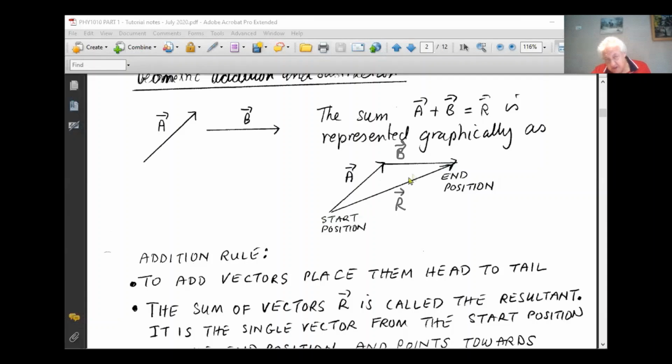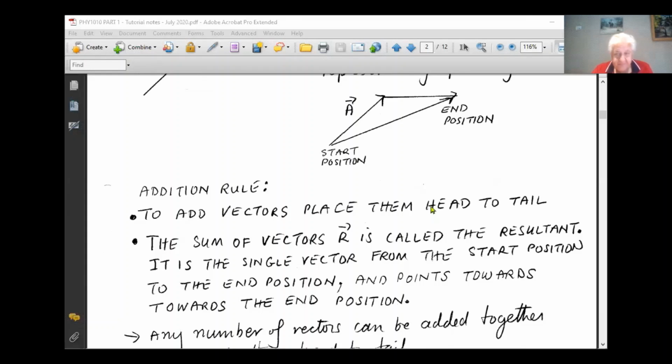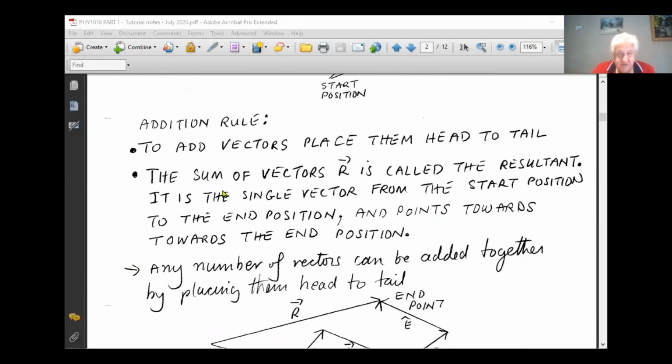So we walk along here to get to the end. So the addition rule then, to add vectors, place them head to tail. The sum of vectors R is called the resultant. It is the single vector from the start position to the end position and points towards the end position.